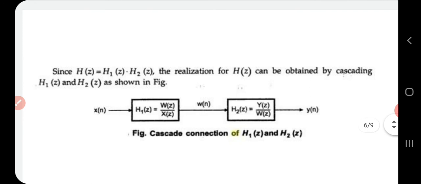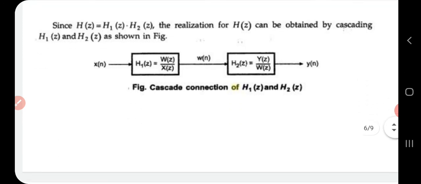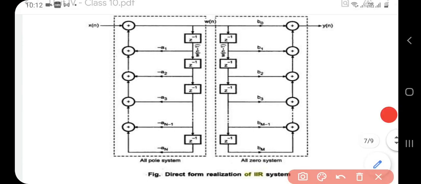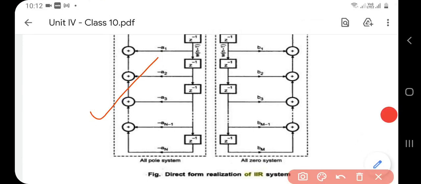They have to be cascaded like this. Okay, and finally you will get this figure as follows. This was actually the realization of H1Z, and this figure was actually the realization of H2Z. So in order to get the overall direct form 2 realization, you are just drawing these two figures together, and that will be the overall direct form 2 realization.